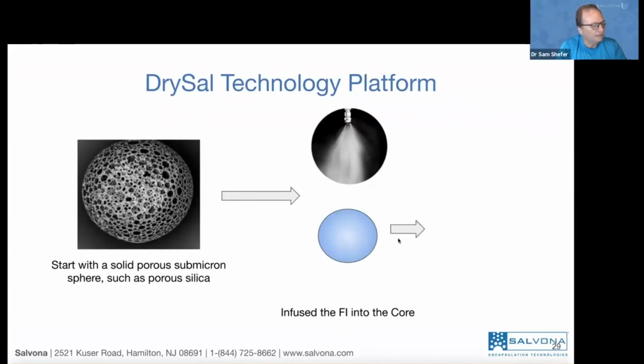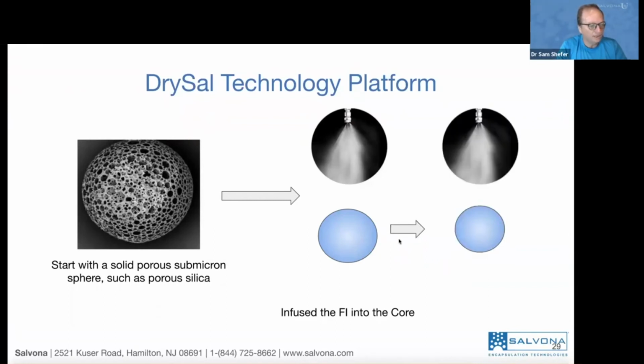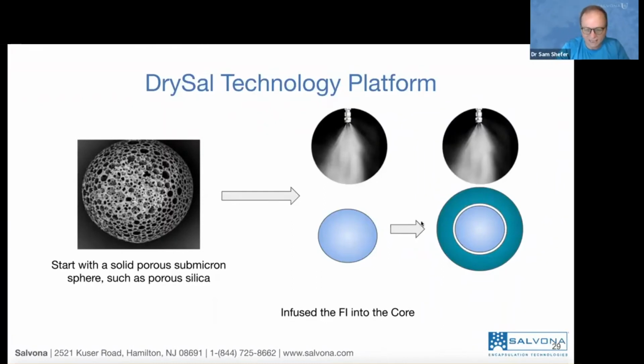At the end, we coat it with another layer of spray. This is how we get the MultiSal, or the dry sal. At the end, we get a powder that encapsulates the functional ingredients without destroying them through the process. This is called dry sal technology.